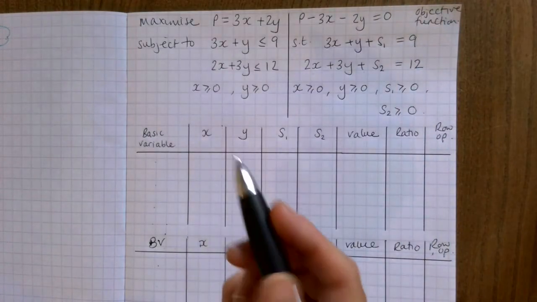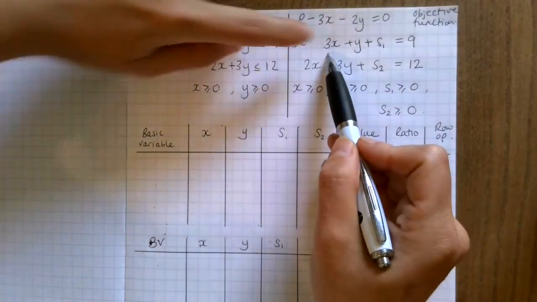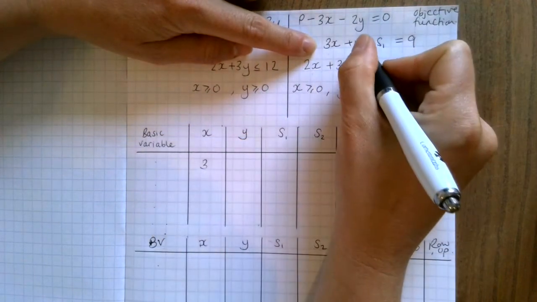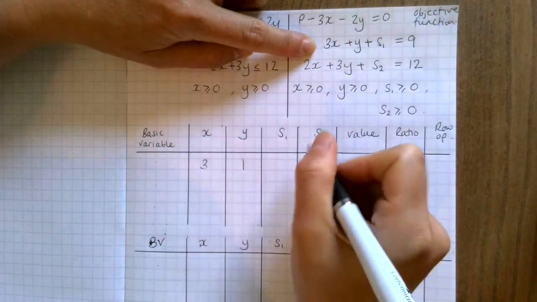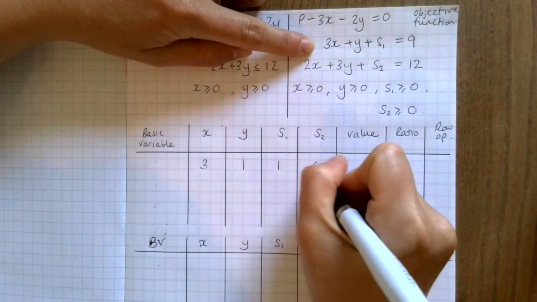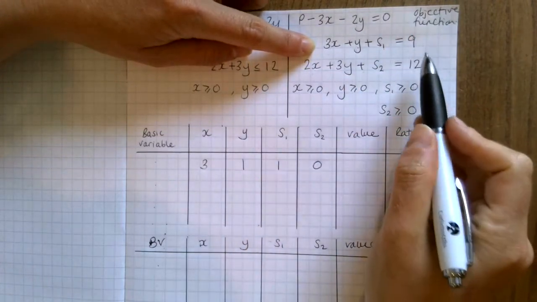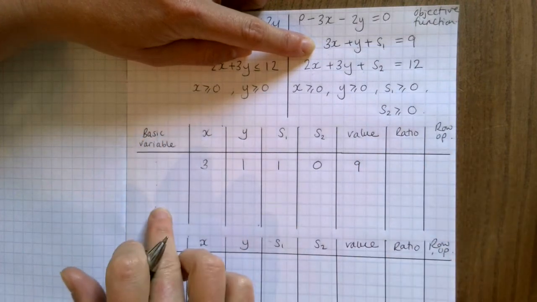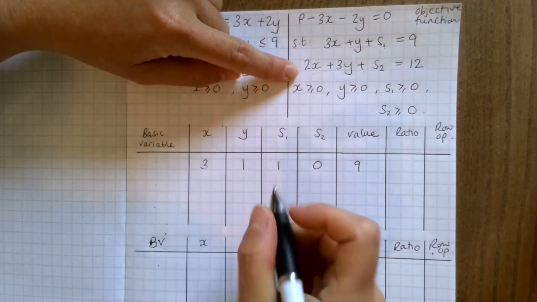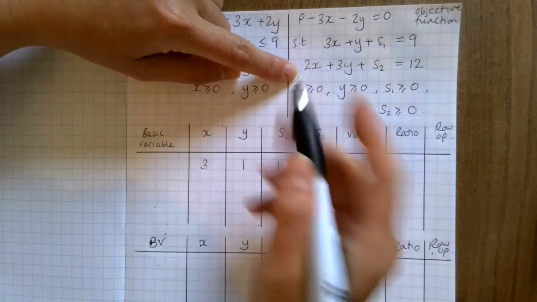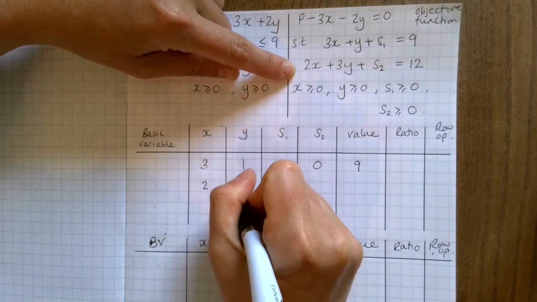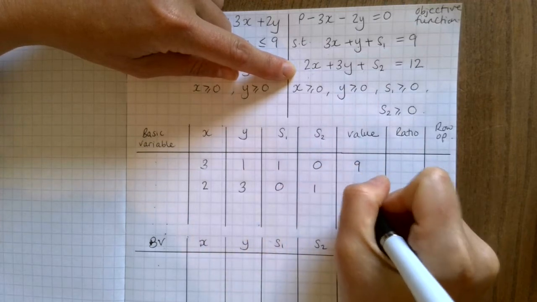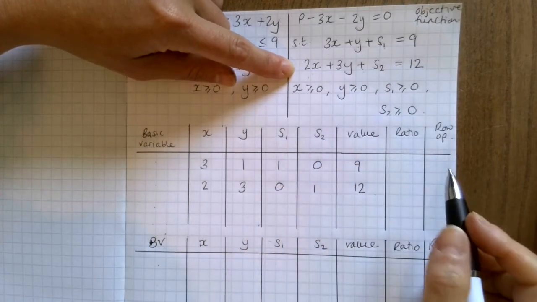Okay, so our first constraint, we have 3x and 1y and 1 S1, no S2s, and the value, the right hand side, is 9. Okay, we'll come back to this later. The second constraint, we have 2x, 3y, no S1s, 1 S2, and the right hand side is 12.